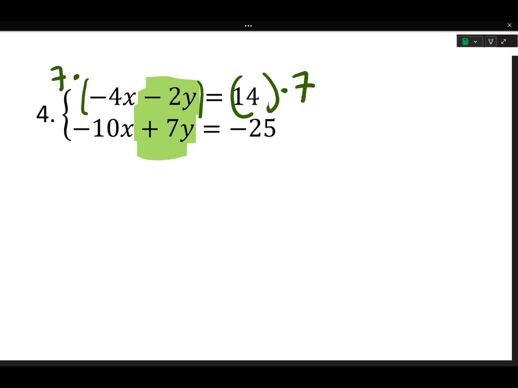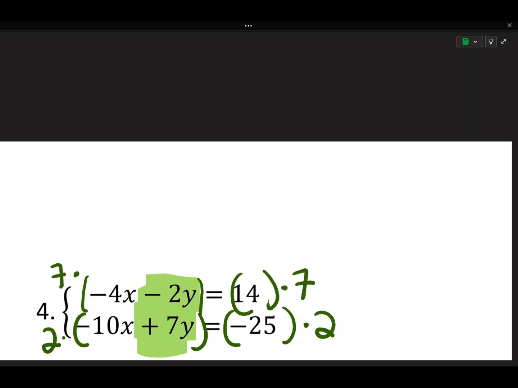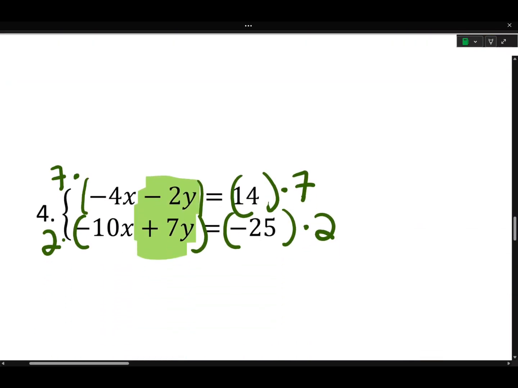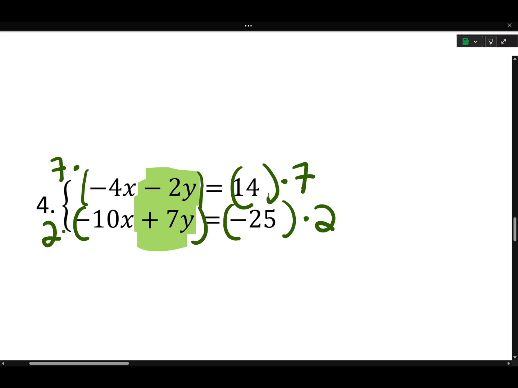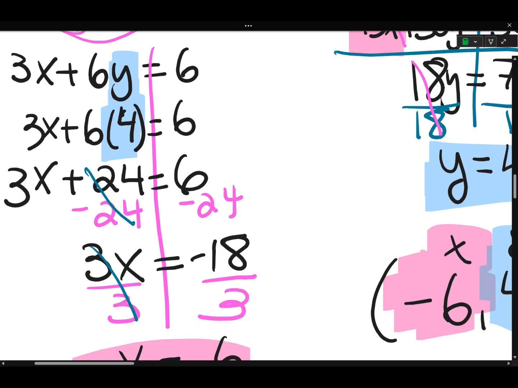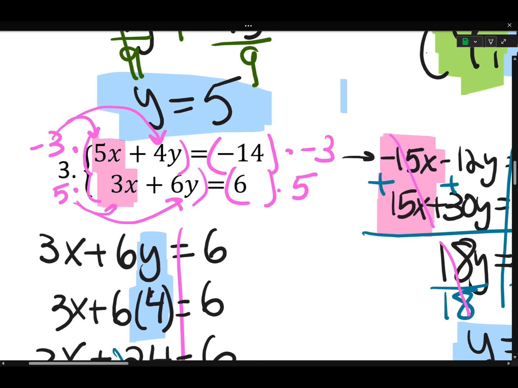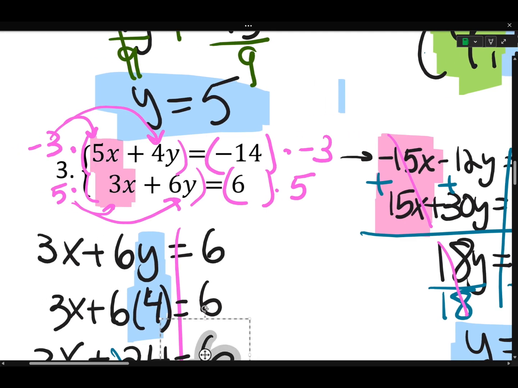And I'm going to multiply the bottom equation by 2, because that's in front of the y on top. Again, I'm keeping 7 and 2 positive, unlike the other one, because in number 4, I already have a minus and a plus for the y's. In number 3, I did not.